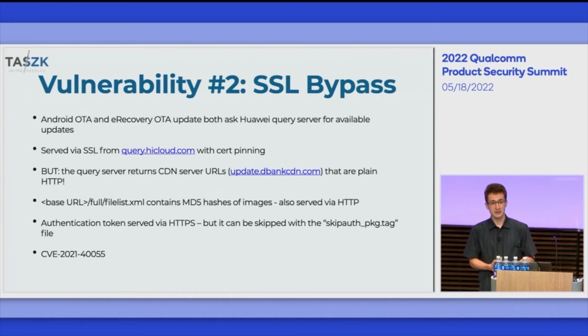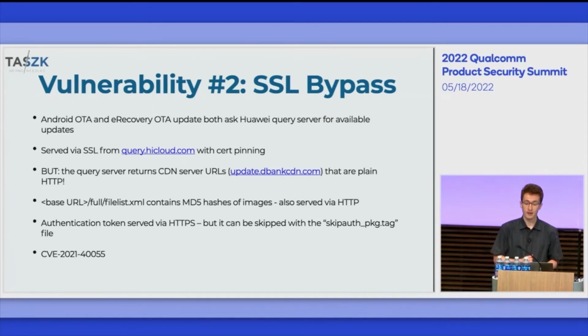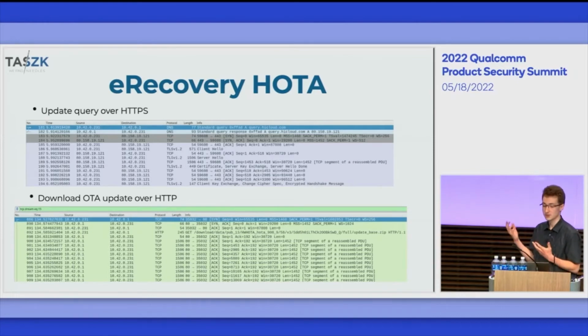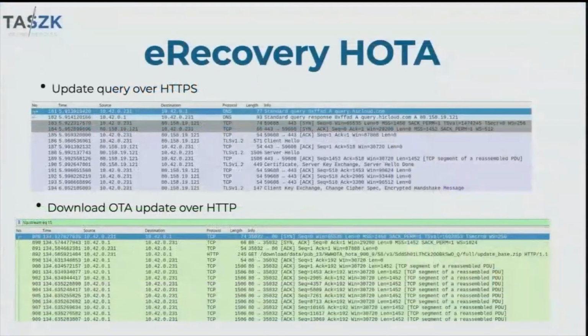So it's feasible to do a man-in-the-middle attack and replace those files and hashes. So we can serve crafted update archives. It can be seen that on the first slide it's HTTPS, it's encrypted, but the second slide is the actual update, and that can be replaced.